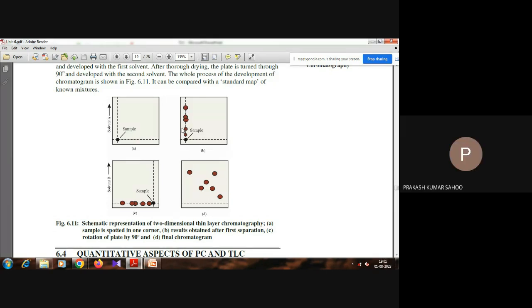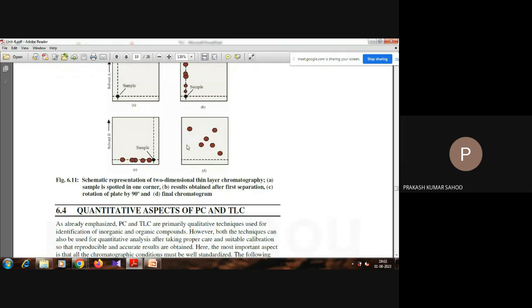Similarly, the same corner is now placed horizontally, that is at 90 degrees. Then the components are now separated in this direction. That means this is two-dimensional. One is in this direction, another in this direction. So we have two types of separation along two different axes with two different solvents.